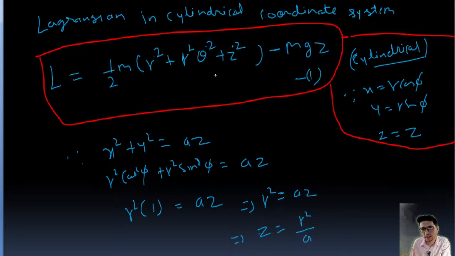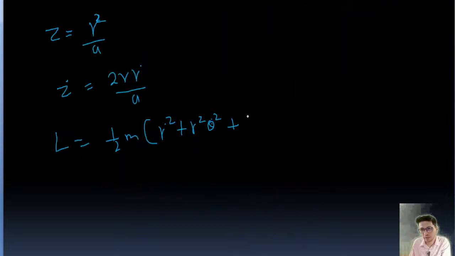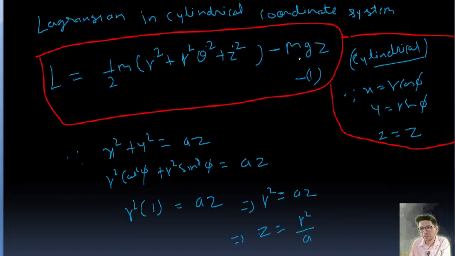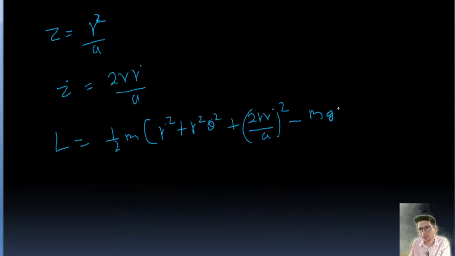Z dot square means this whole square, so 2r r dot upon a whole square, minus mgz. Z is r square upon a, so minus mg r square upon a.